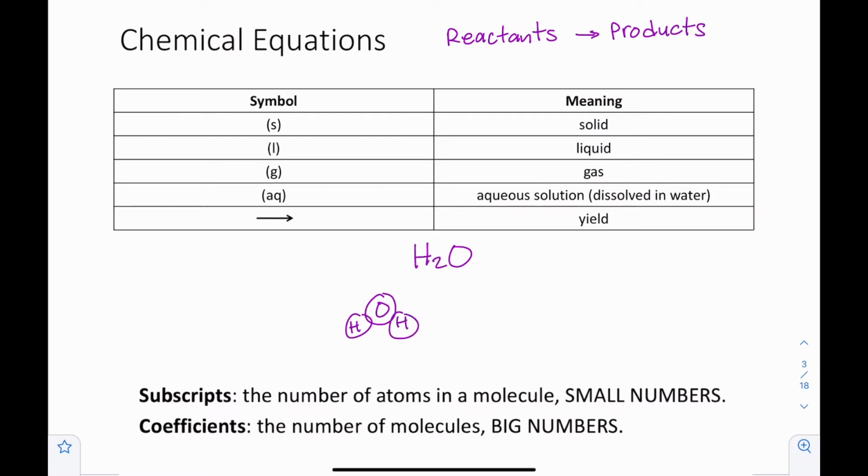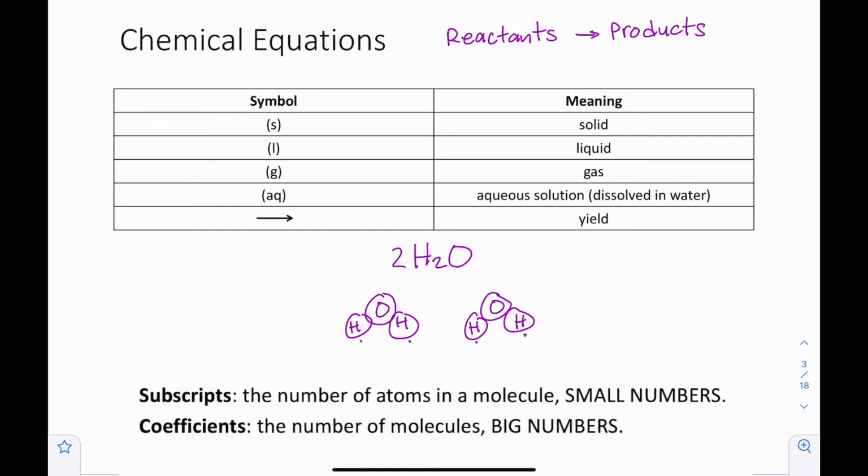Now if I add a bigger number in front, that means that there are 2 water molecules. So if we count the total number of hydrogens in 2 water molecules, it's 1, 2, 3, 4. But let's say you don't want to draw it all out.